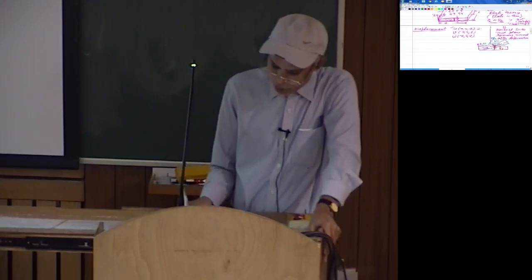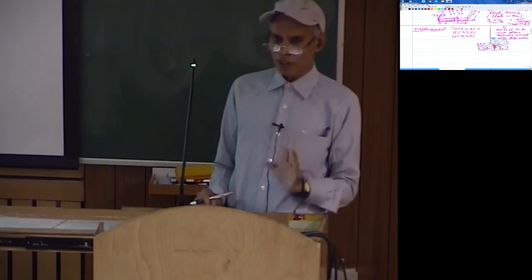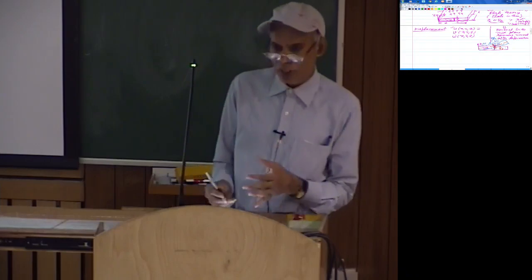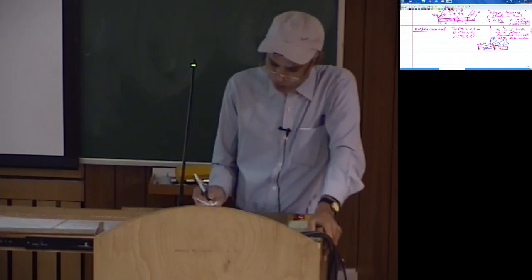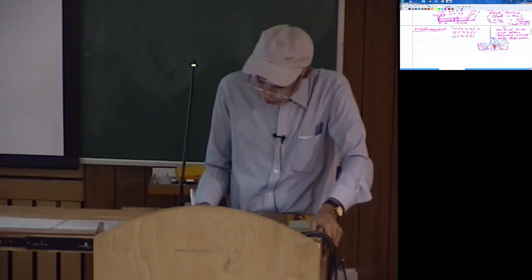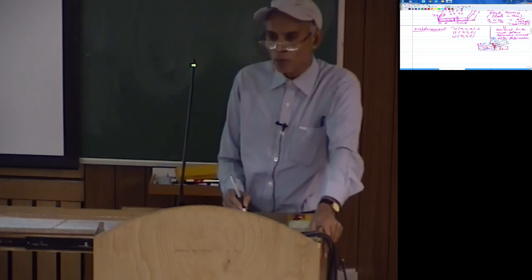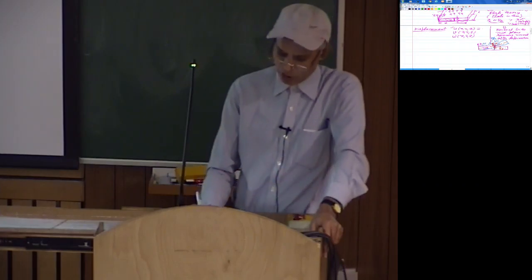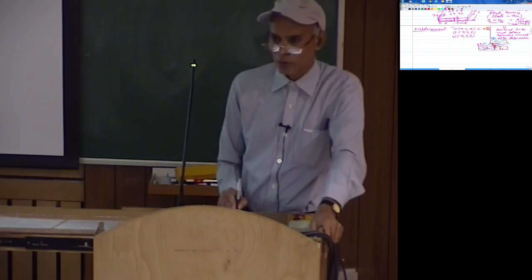I am assuming only a transverse load and small deformation, so the middle surface itself does not stretch too much, and we can neglect the deformation of the middle surface. So the displacement along the x direction is going to be z into dw by dx, but it is along the negative x direction, so we put here minus z into del w by del x, based on this assumption.